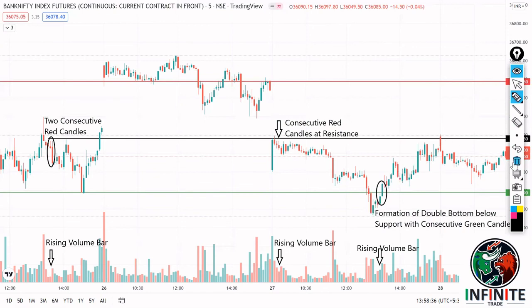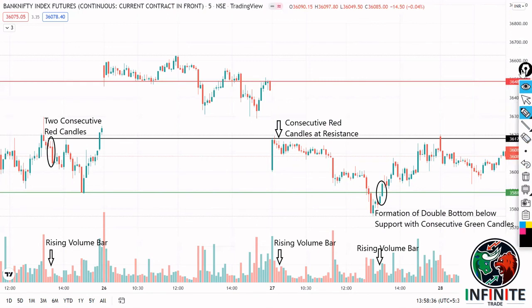So our strategy is two consecutive candles with rising volume bars, and we have to mark a support and a resistance and trade accordingly.